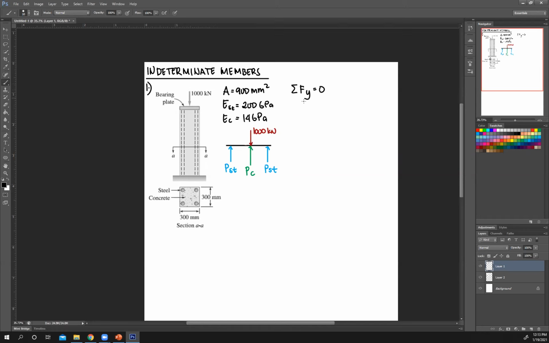So 4 reactions for your steel bar. Then your concrete will act as 1, which is plus the reaction of concrete. Then since they're all upward positive, the 1,000 kilonewton downward is therefore negative. So minus 1,000, and this is kilonewton. Usually we're working with Newton and millimeters, so convert this to Newton.